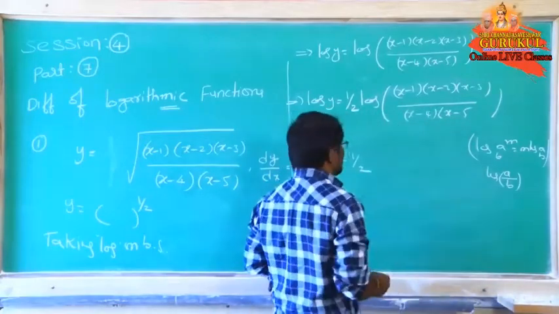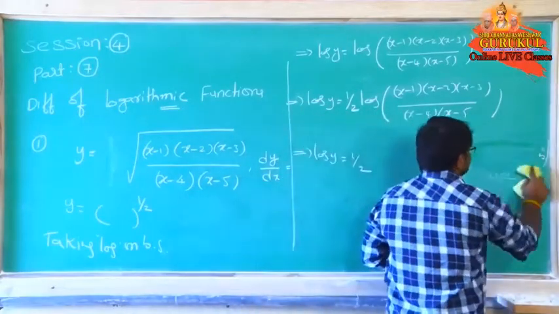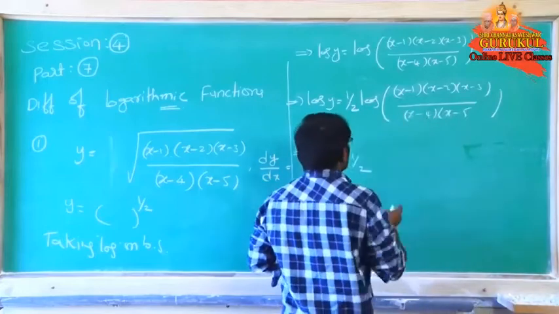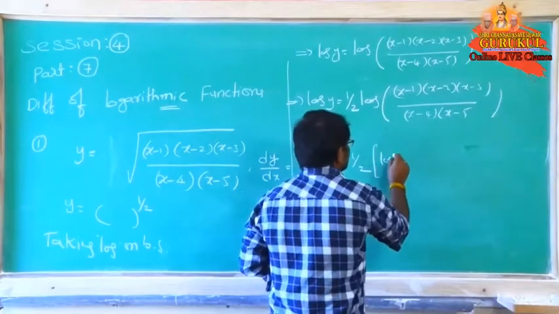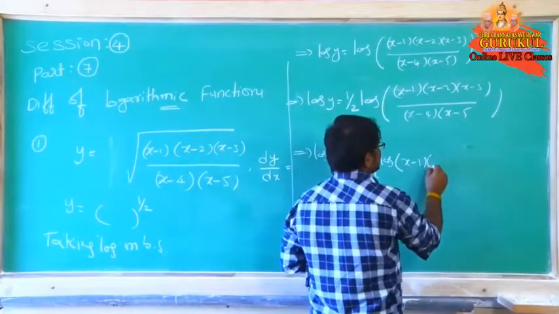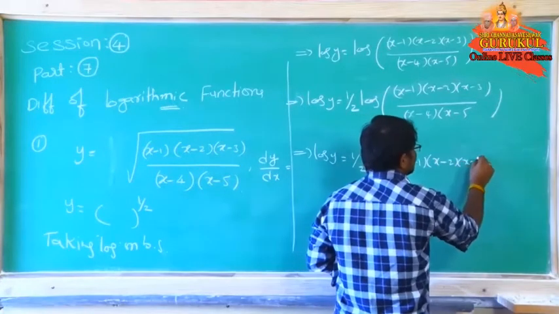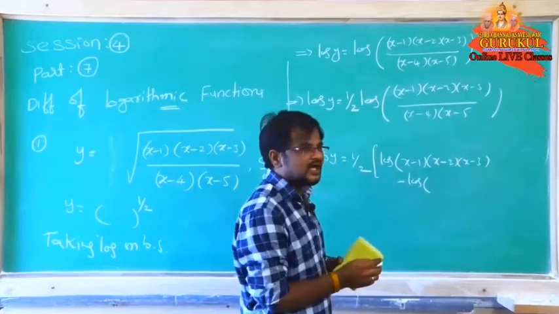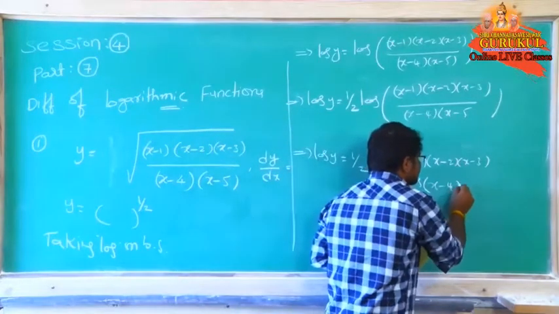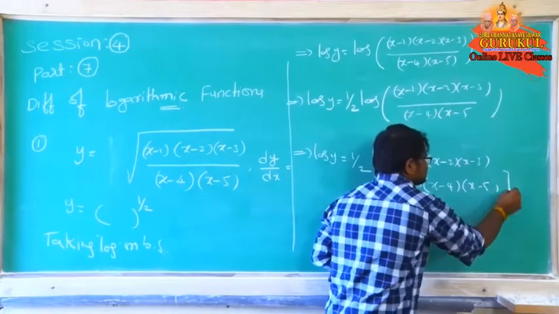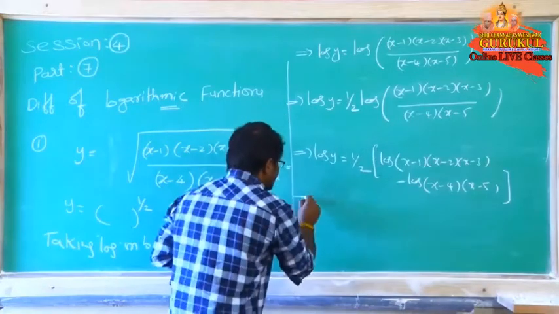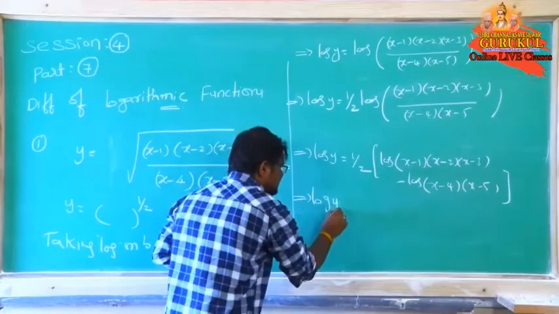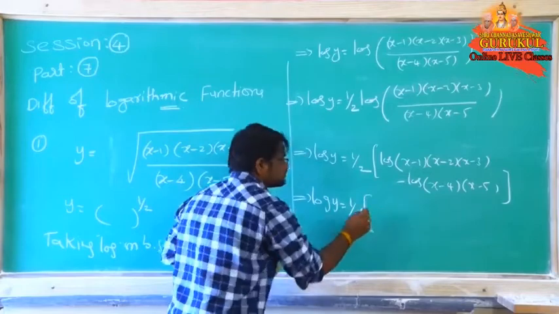So by that formula, how to write it as log of a, numerator x minus 1, x minus 2, x minus 3, minus log of b, denominator x minus 4 into x minus 5, right? Now that implies log y equal to 1 by 2.